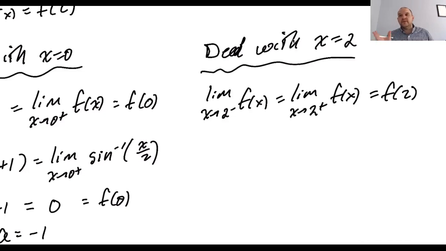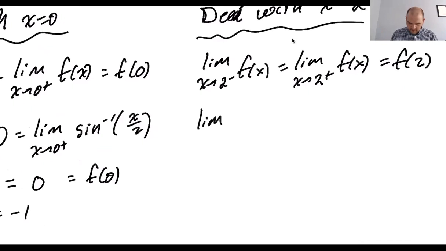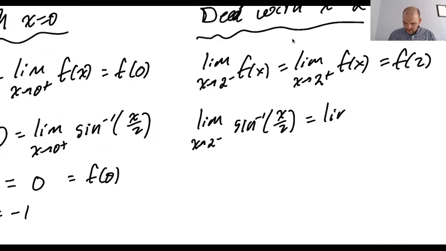So now I'm going to work out what's happening. Immediately to the left of 2, I use the arcsine definition. So this becomes the limit as x approaches 2 from the left of sine inverse of x over 2, equals, immediately to the right of 2, I'm supposed to use the polynomial, the limit as x approaches 2 from the right of x squared minus x plus b.